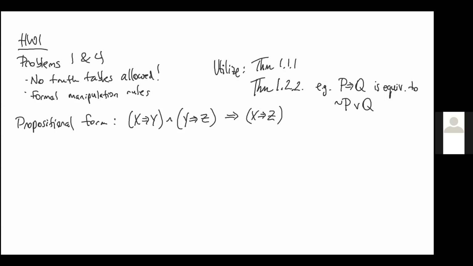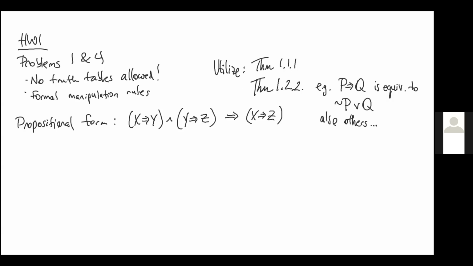These, in fact, have the same truth tables, this statement and this statement. So the theorem includes a bunch of other important stuff as well. I'm not going to write them all down, but please reference your textbook to see what I'm talking about.